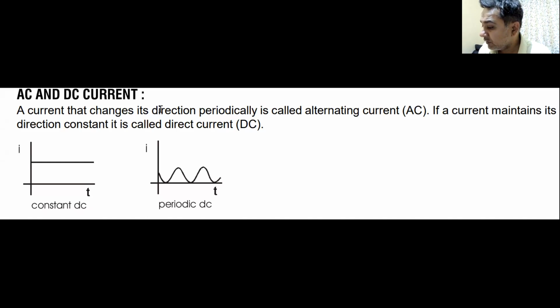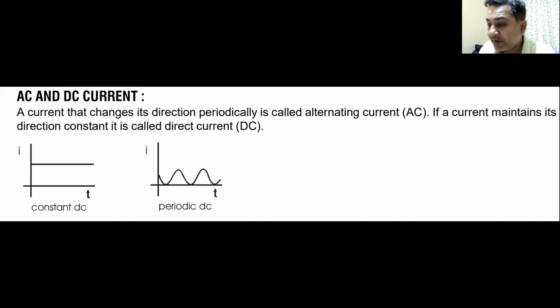You can see on your screen: constant DC, periodic DC, direct current. So if you want to understand the difference between AC and DC, in the first case, number 1, what do you see?